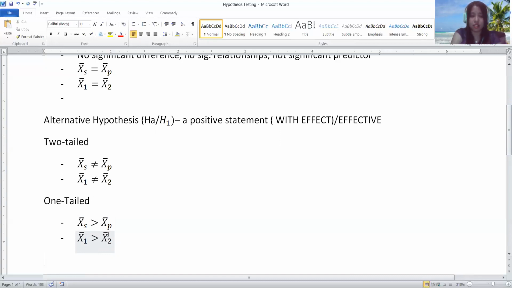Say for instance, if the alternative is that the mean of group 1 is greater than the mean of group 2, we can say in the null that the mean of group 1 is less than or equal to the mean of group 2. So that is its counterpart for the one-tailed alternative hypothesis. While if we use the sample being greater as our alternative hypothesis, we can also state in our null hypothesis that the mean of the sample is less than or equal to the mean of the population.